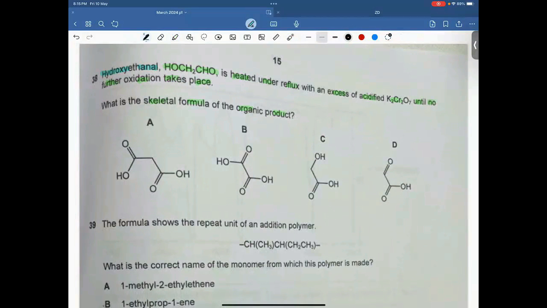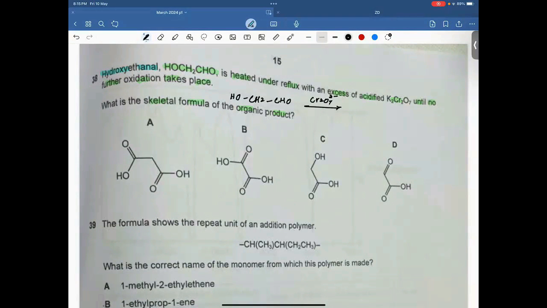That's an easy question. If you remember, we have discussed the synthetic route.